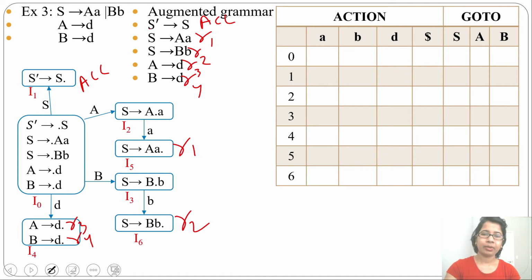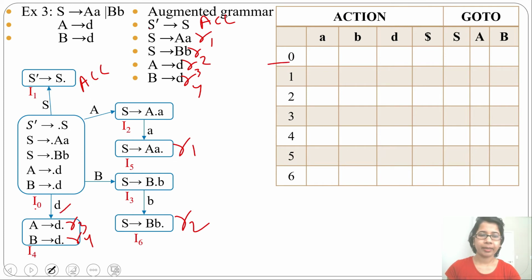At the left-hand side we will write the state number. You can write I0, I1, I2 or simply 0, 1, 2. The state name does not matter. In the previous two examples I have written I0, I1. Here I have just written 0, 1, 2. All are okay. So we'll do it row by row. Let's do row 0.